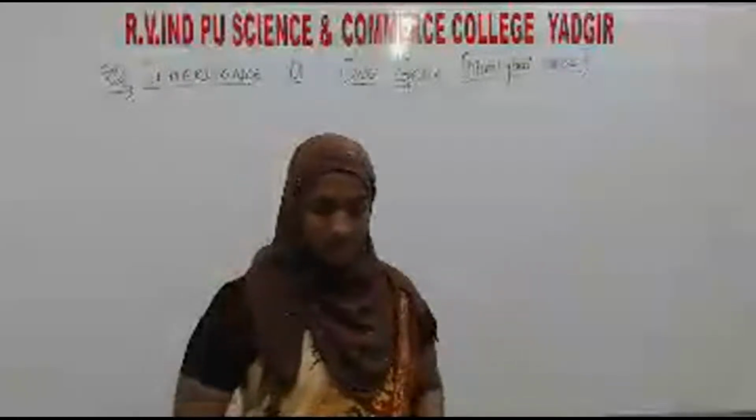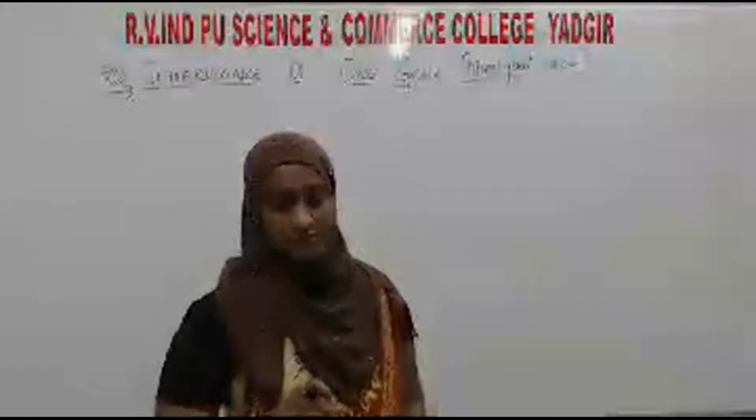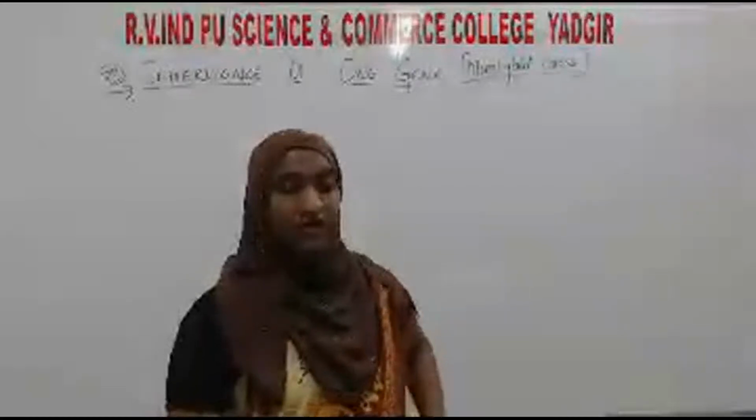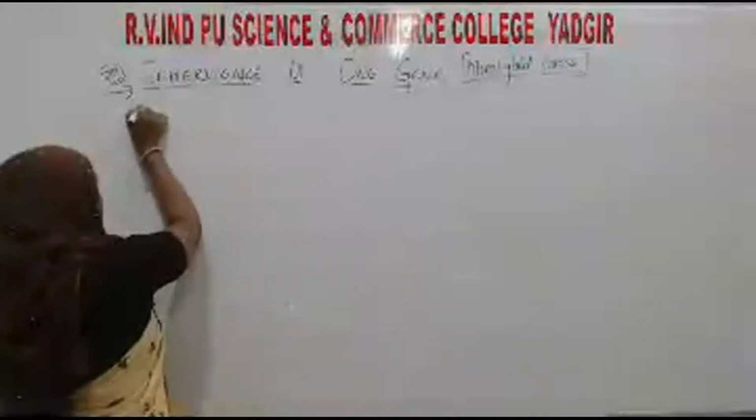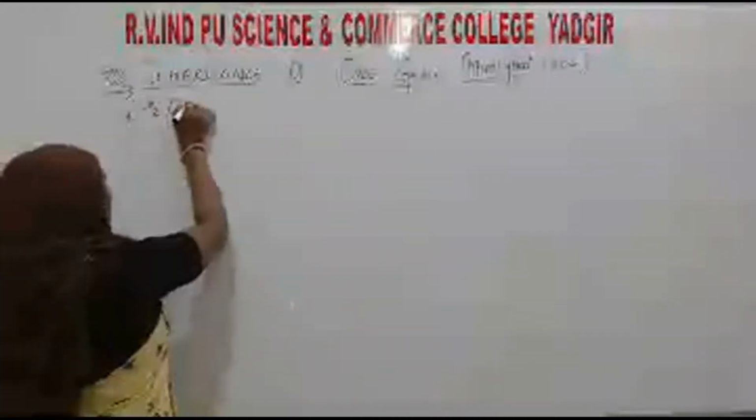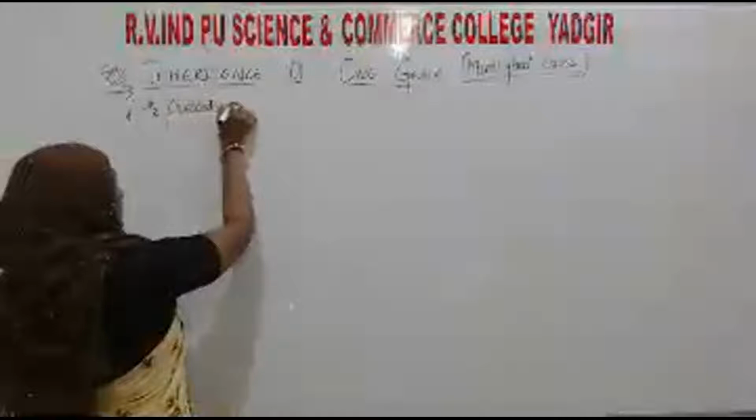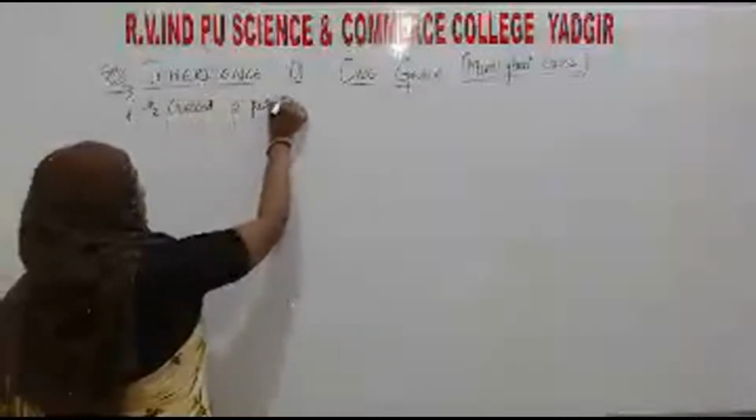So here Mendel, in one of his serial experiments, crossed 2 pea plants.